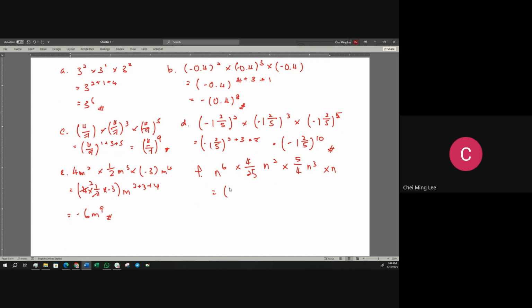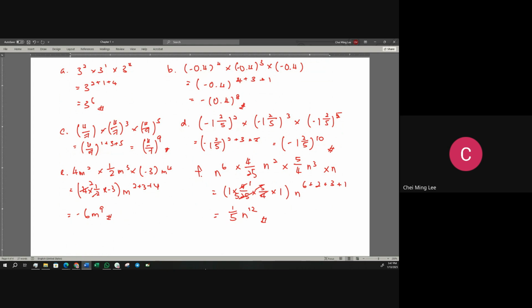So we can use 1 times 4 over 25 times 5 over 4 times 1. Then n will be 6 plus 2 plus 3 plus 1. This one is easy. This one and this one make up into 5, this one and this one cancel each other. So you will get 1 over 5 n to the power of 6, 2, 3 is 11, 12.